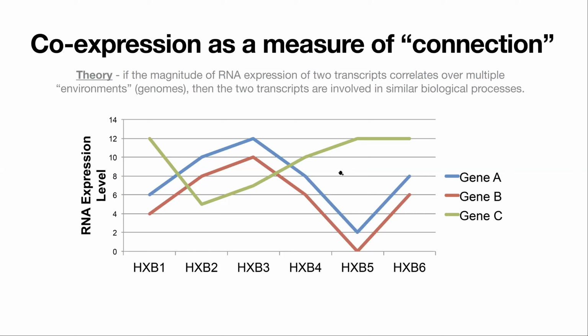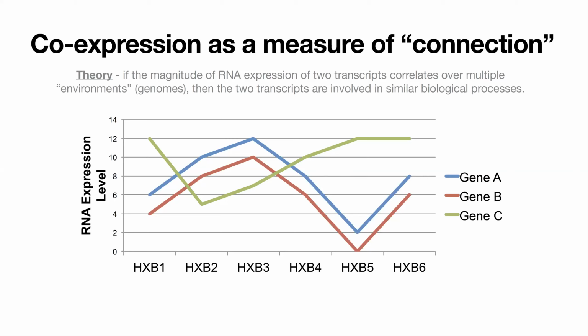So when we think of co-expression as a means of connection, the theory behind it is that if expression levels of two transcripts correlate over multiple environments, then the two transcripts are likely to be involved in similar biological processes.